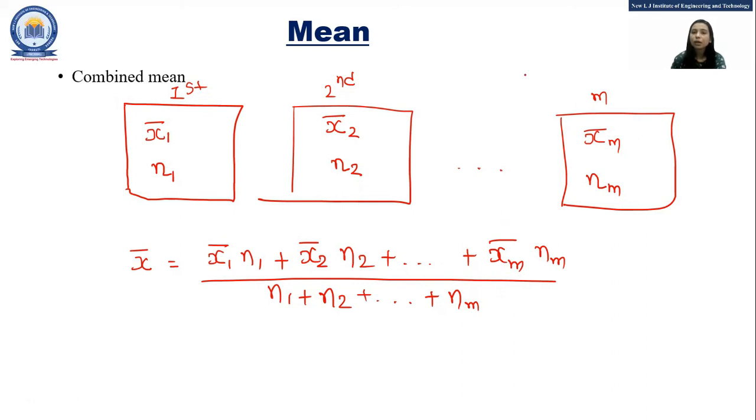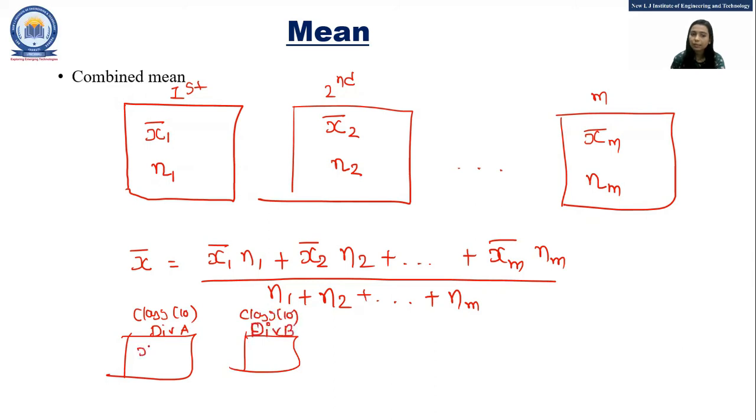Suppose you are given the result of class 10 for division A and the result of class 10 for division B. The x bar for division A is given and the number of elements in division A is given.